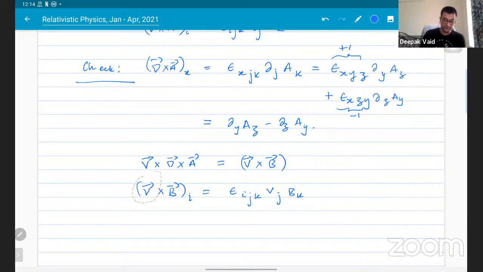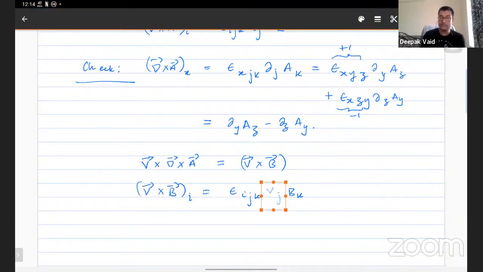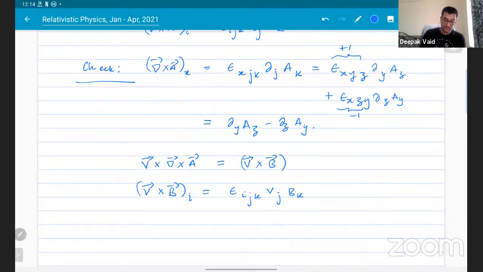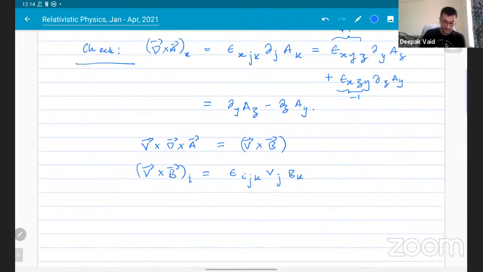Instead of a derivative, if you put a vector, you will just get that vector as a multiplicative factor, right? Now, what is B? B_k is equal to curl of A_k, right? So what is this? This is going to be epsilon k. Now I'll use two other indices. I can't use the same indices which I've used before, right?